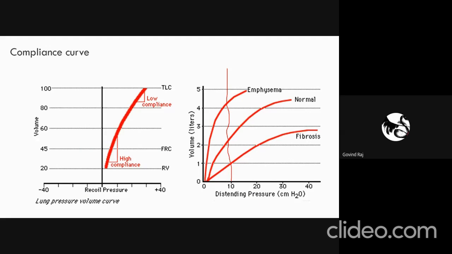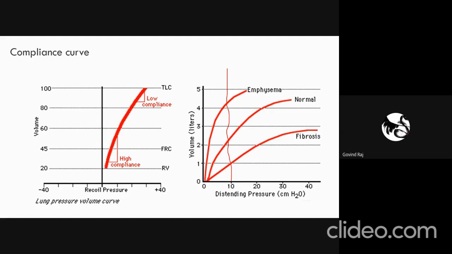Here this much volume change happened, here this much, and here this much volume change, that is the highest. So with a small amount of pressure, we have a very big amount of volume change. That is the case of floppy lungs, where it is very easy to expand, as we said in the case of emphysema.